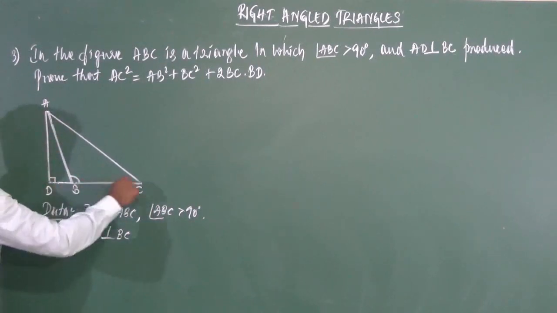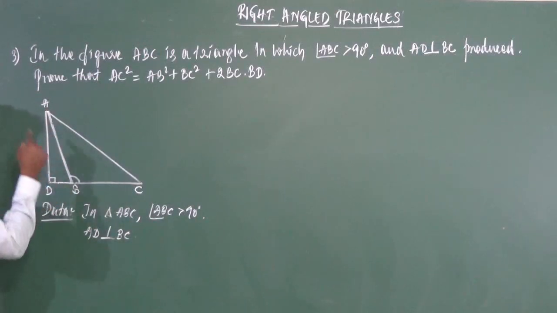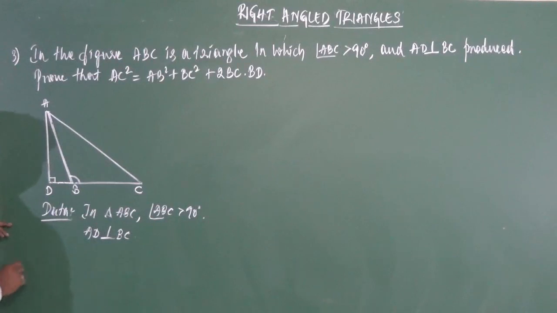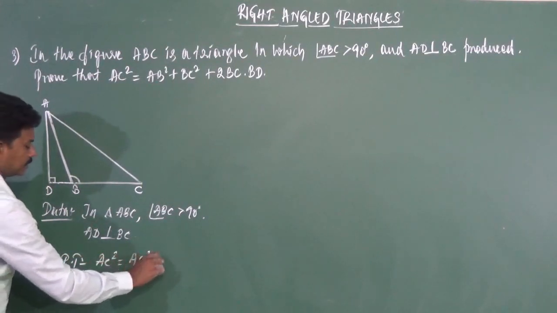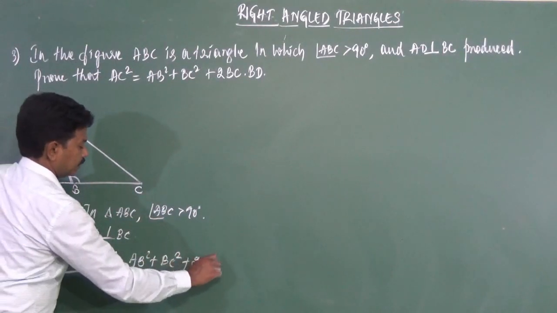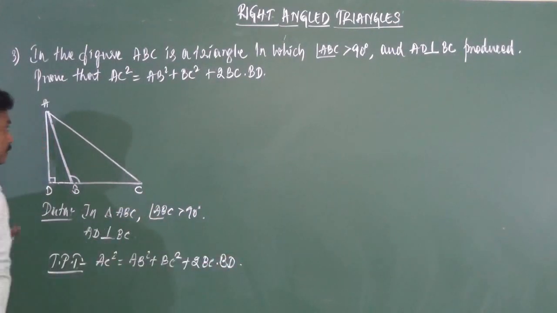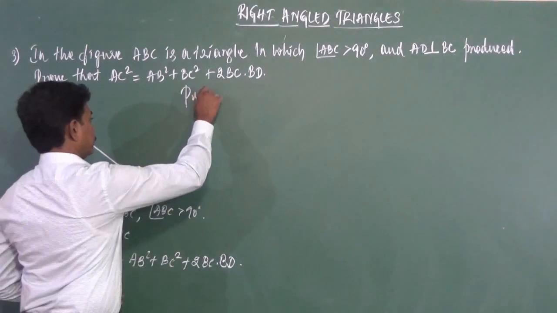One is triangle ADC, which is right angled here, and triangle ADB, again right angled here. So you have to recognize the right angle triangles here. Along with that, we have to prove that AC square is equal to AB square plus BC square plus 2BC into BD. So this is what is to be proved. Let us get into the proof.